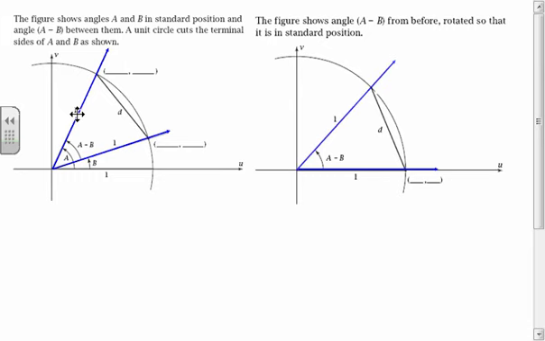So these two rays represent angle A minus B. Same angle A minus B in both pictures.